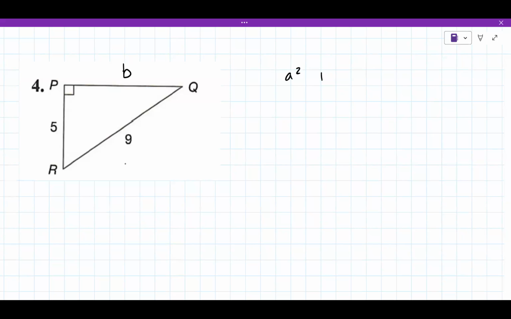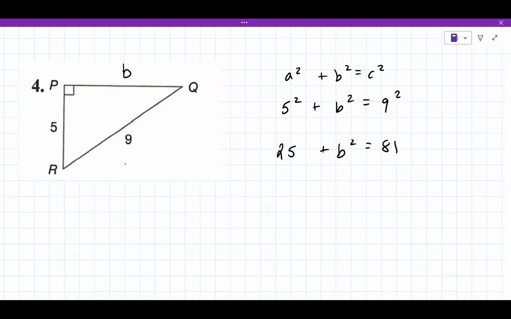And you said it before, it's A squared plus B squared equals C squared. So A is 5 squared, B is unknown, and C is 9 squared. So 25 plus B squared equals 81.